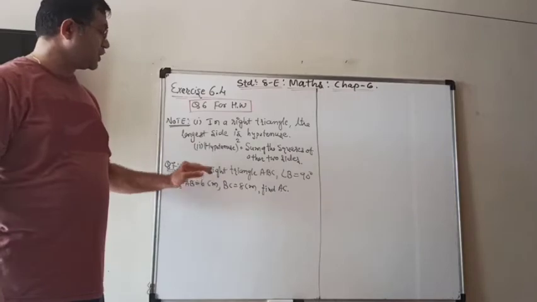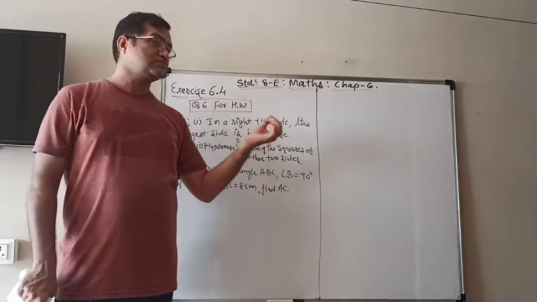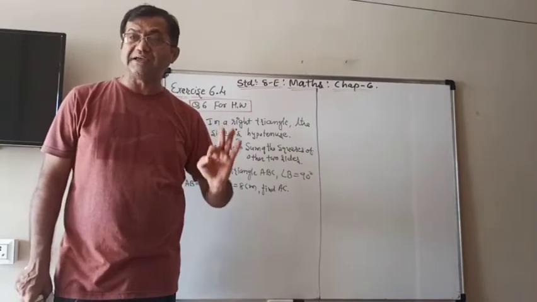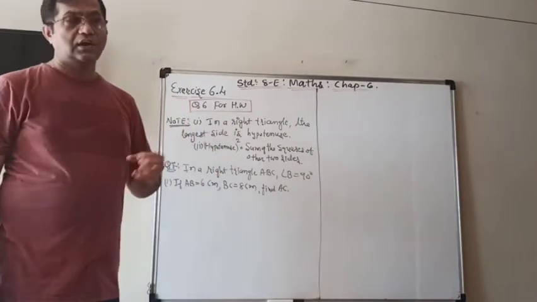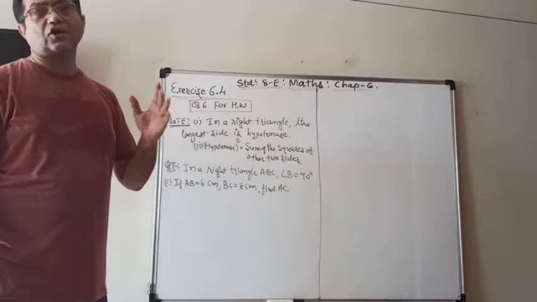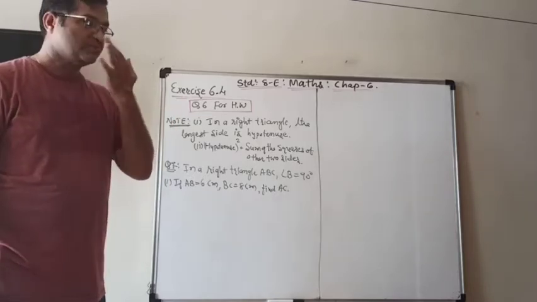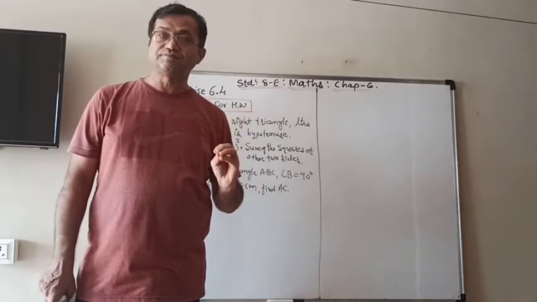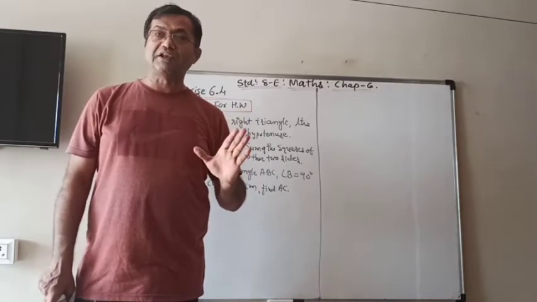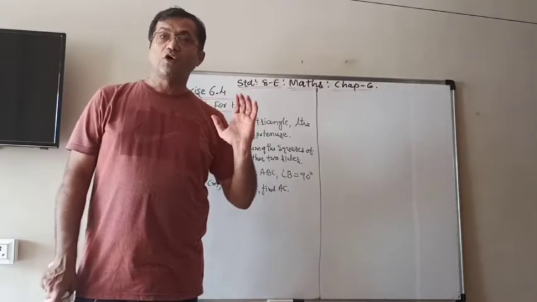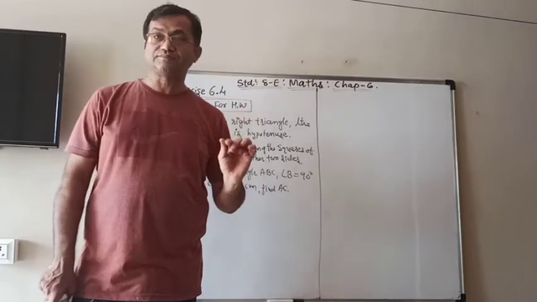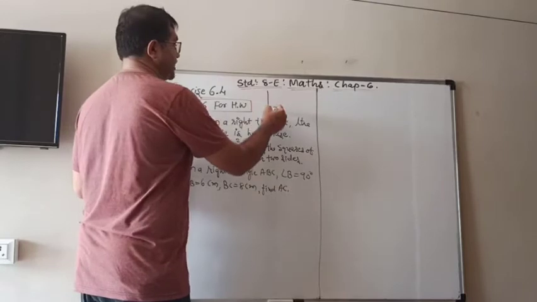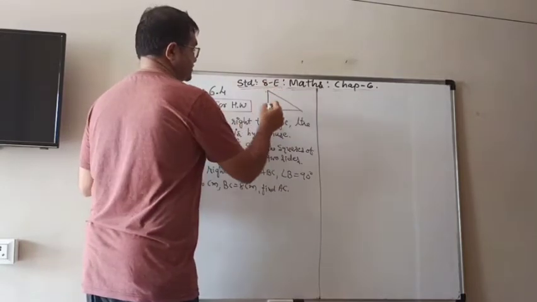Before we go to the question 7, let me remind you something about a right triangle. In a right angled triangle, or a right triangle, the hypotenuse is the longest side. Hypotenuse means the side which is opposite to the right angle. So the right triangle is like that, this is the 90 degree.